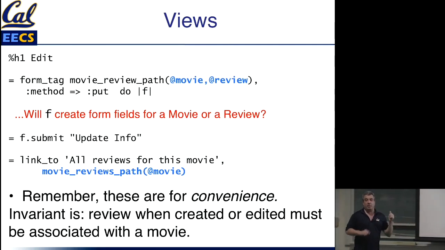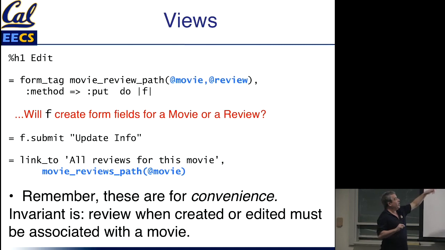We also have to pass the movie instance, because we want the submit to actually include both of those things. Right? So if we have a movie review path, then it implies that there's two resources in question here. The primary one is the review itself, but the owning resource, the movie, is the one that we want to keep in the URI, to be able to keep passing its ID around.